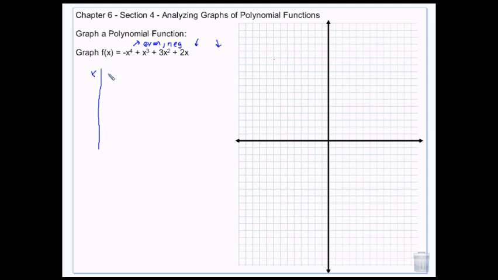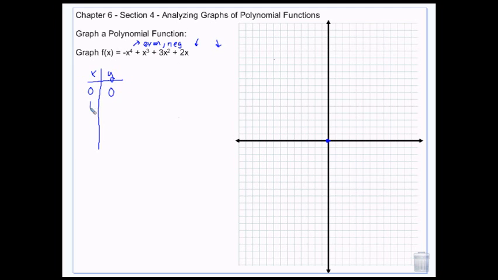And so we'll start with an XY table. I always plug in 0 for X first. If I plug in 0 for X, I'm going to get 0 for Y, because it's 0, 0, 0, 0. So that's my first point.